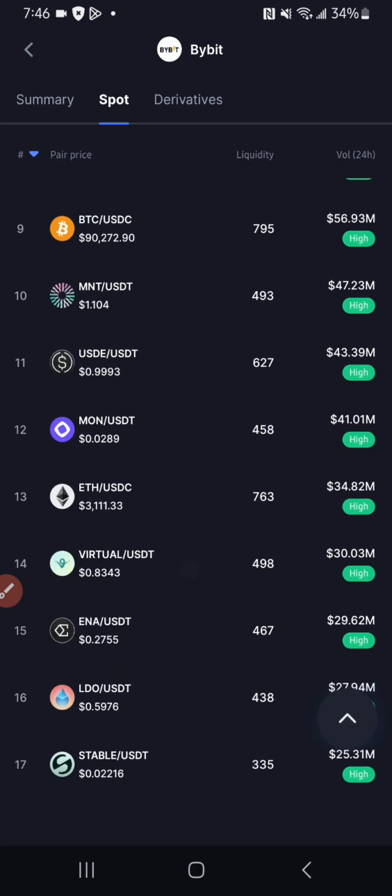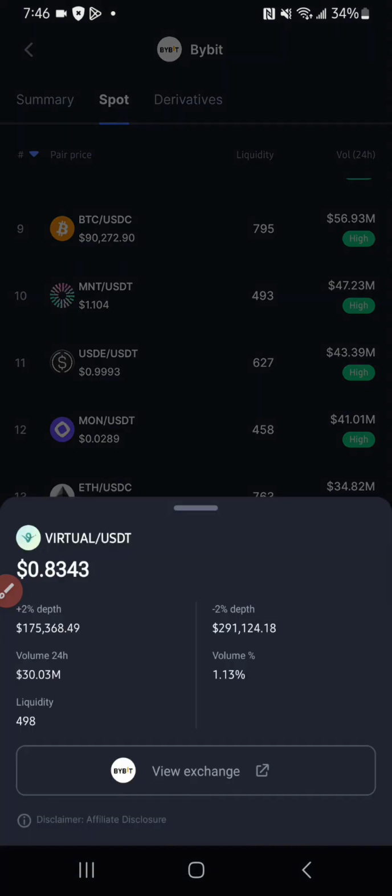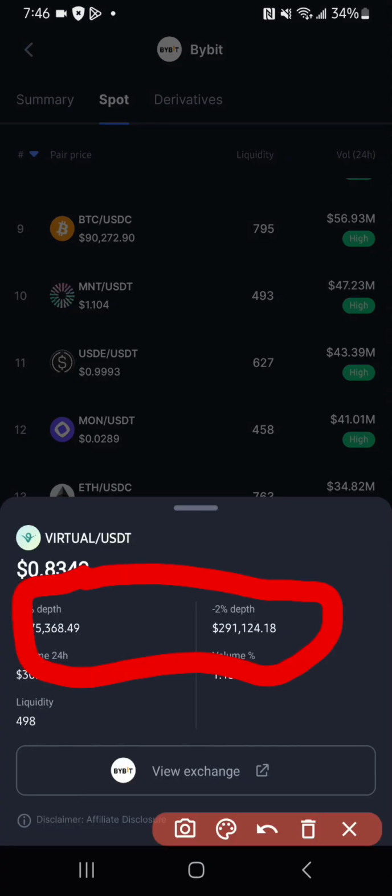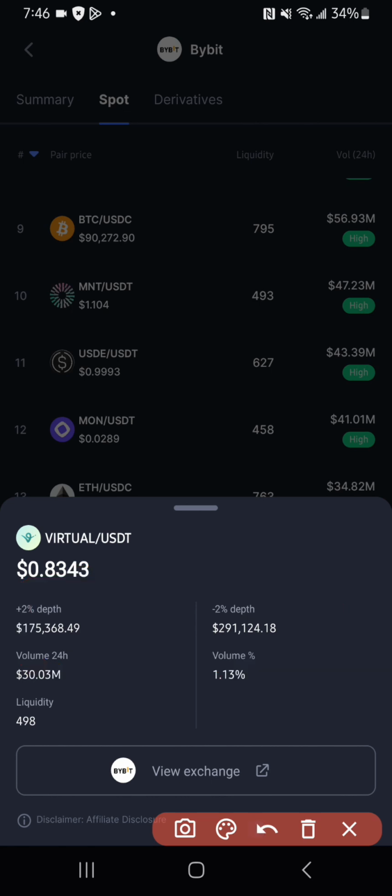Let me look for another one that has a very big difference. Yeah, this virtual has over 100,000 difference, as you can see there. So this one meets the strategy, obviously. This one is suitable because the difference between the minus 2% and the plus 2% is huge, and the bigger side should be the minus 2%.